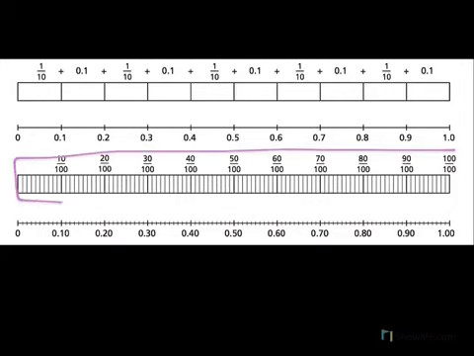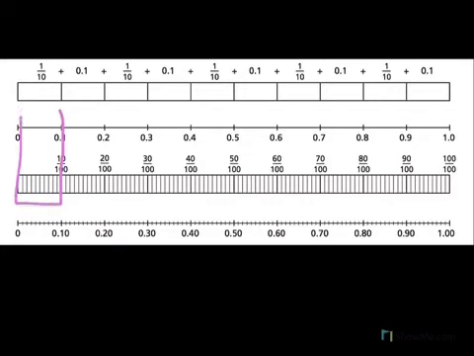The next set of bars is labeled by hundredths, just using fractions. But again, we can see 1/10 is the same amount as 10 hundredths. So here we have 10 hundredths. We have another 10 hundredths.